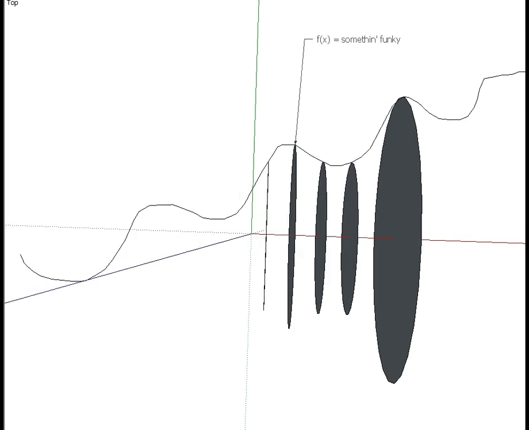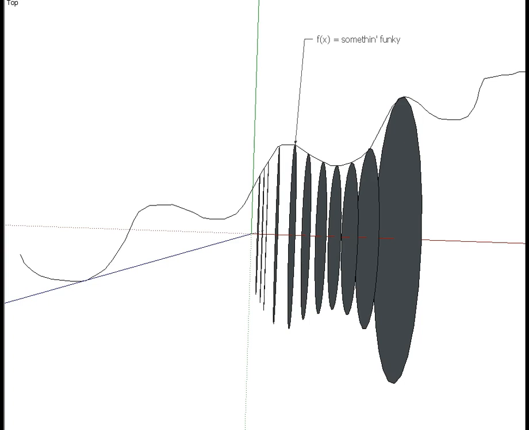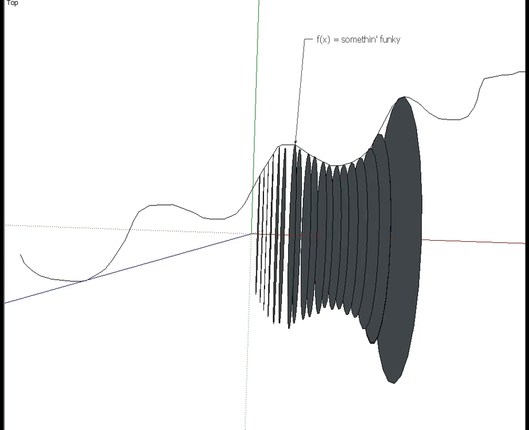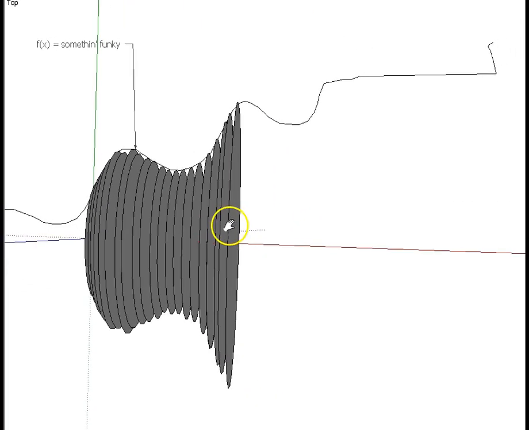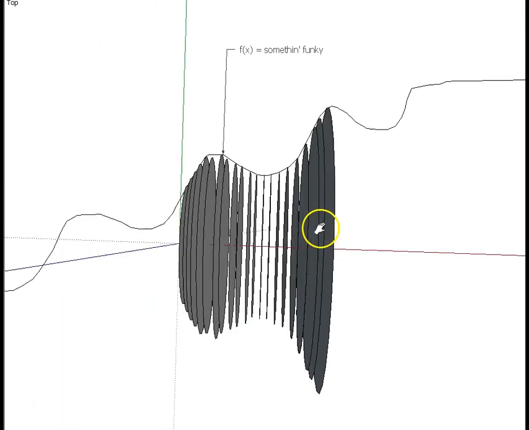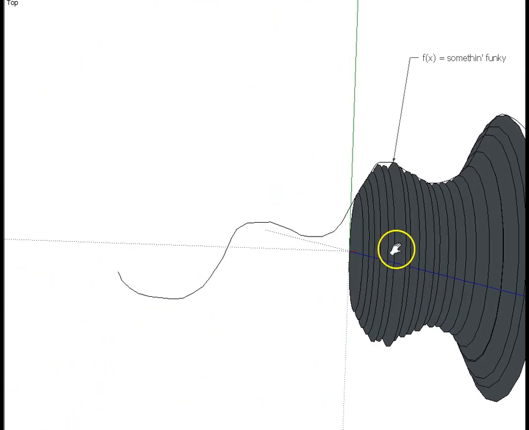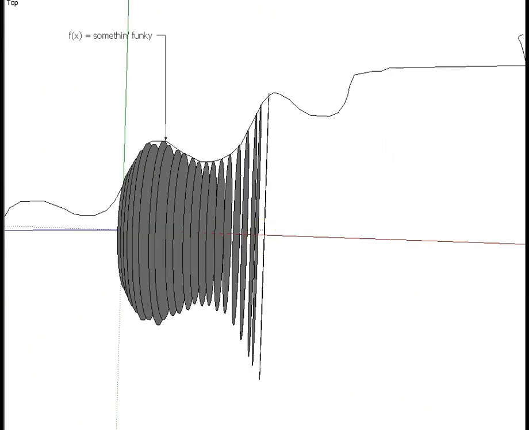But it's all good though, because with your techniques of integration, you could find the volume of this crazy looking shape based upon the idea that you're going to add up all those little cylinders that are created. And that is the basic idea of integration involving area and volume.